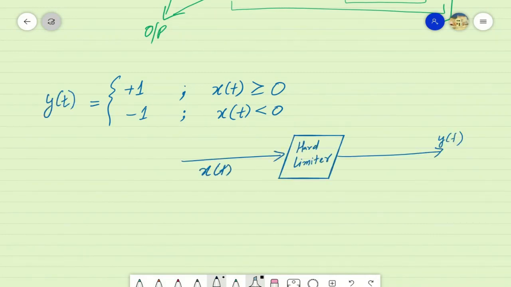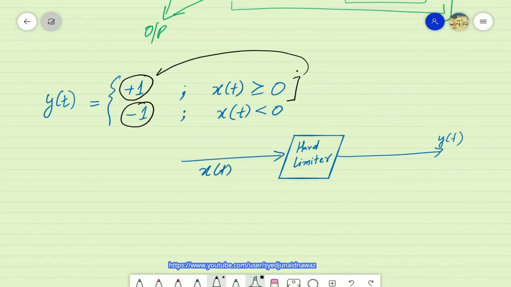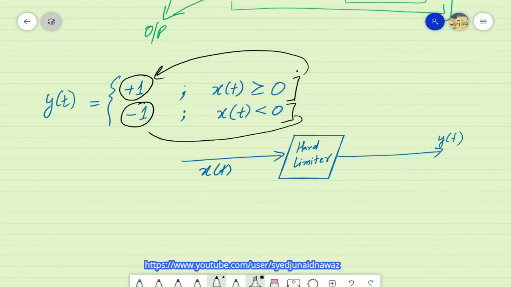This system represents a limiting operation, and the output signal is limited to two predefined fixed amplitude levels, that is +1 and -1 in this case. So any amplitude greater than 0 will be mapped to +1 amplitude, and any amplitude less than 0 is mapped to -1.